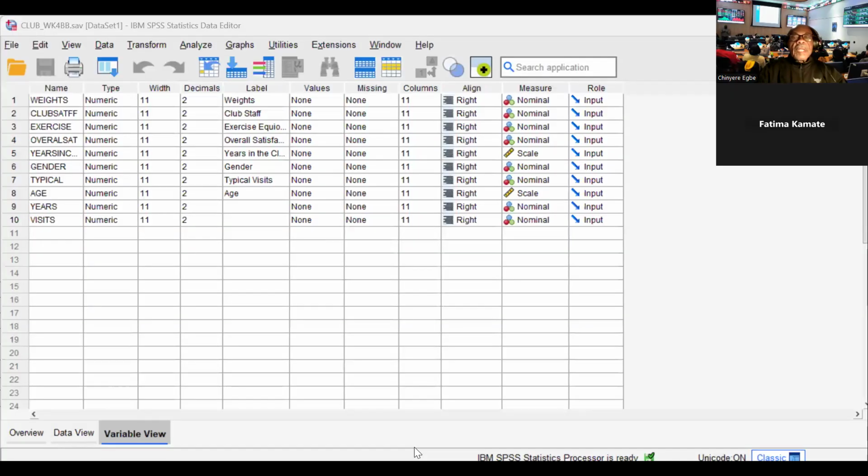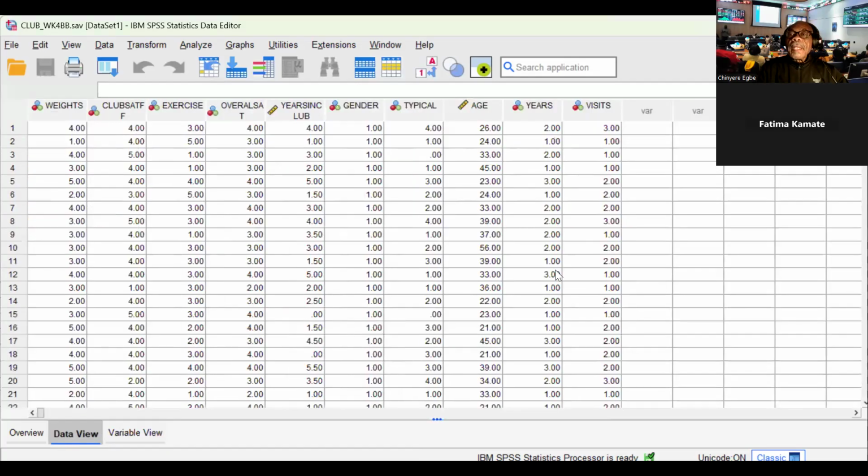Okay, this is what an SPSS file looks like. You have what you call the data view. This data view shows you the data.